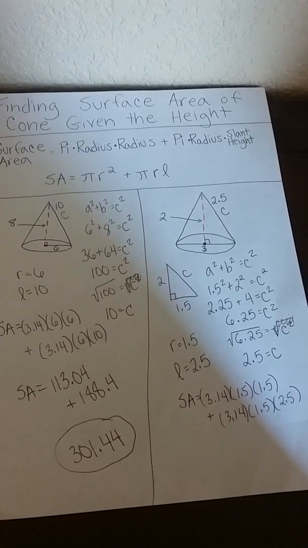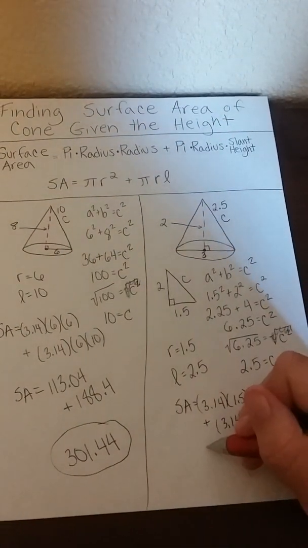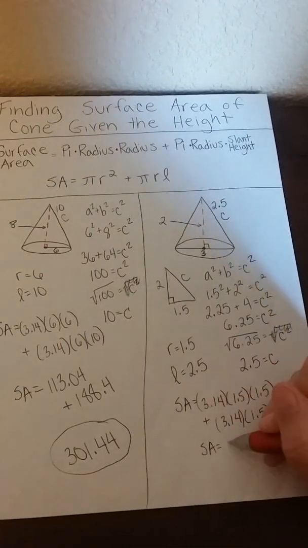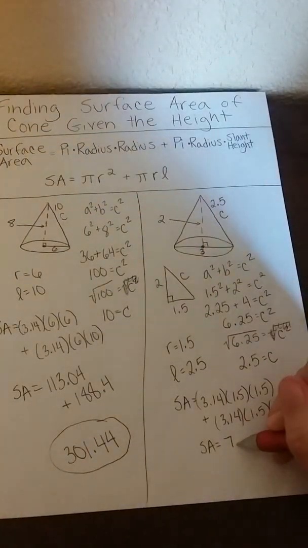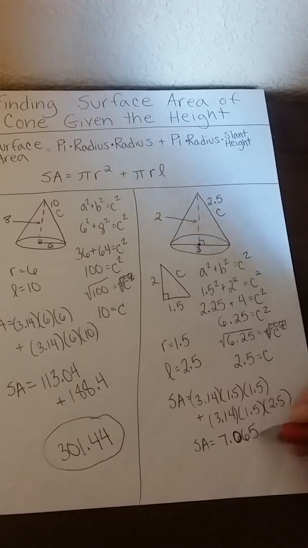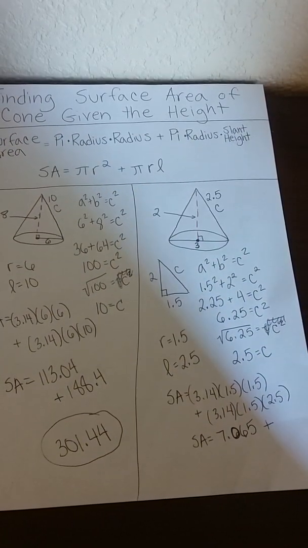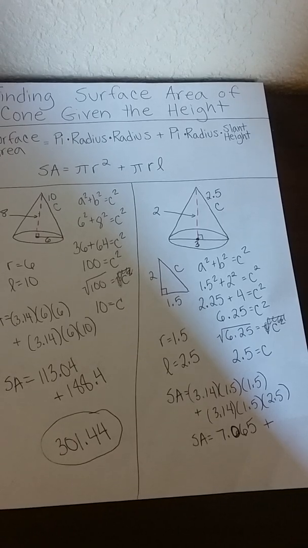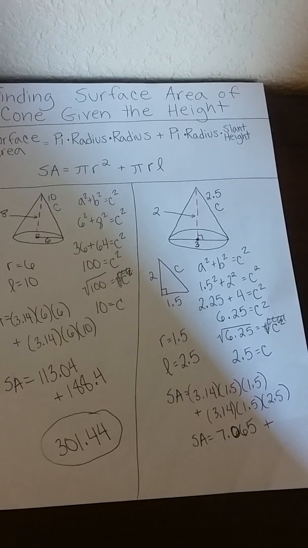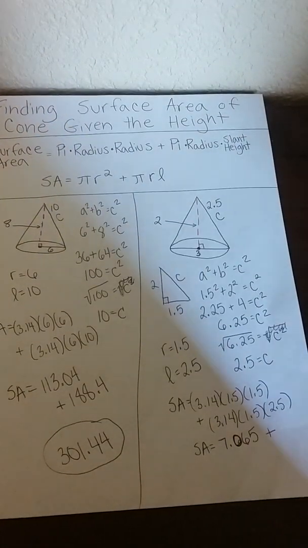And when I do that, I get 7.065. So now I have surface area equals 7.065 plus, now I'm going to do 3.14 times 1.5 times 2.5. And I wind up with 11.775.